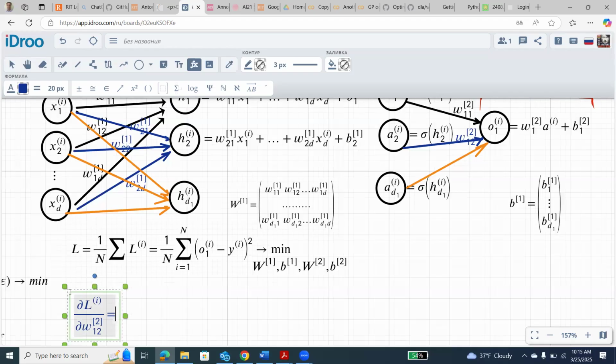What is that Li? It's the difference Oi minus yi, squared. Which variable depends on the weight W2, y or O? Y is a constant, it's a target. So using the chain rule, we should take the derivative of the square. So it will be 2 times Oi minus yi.